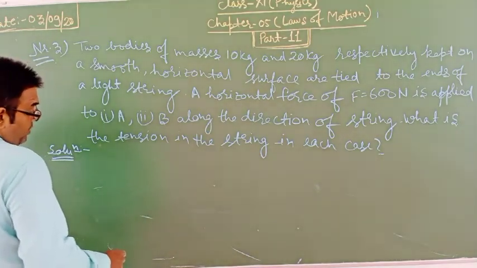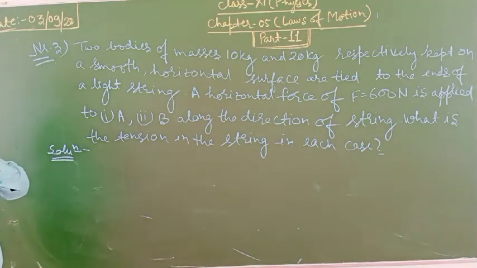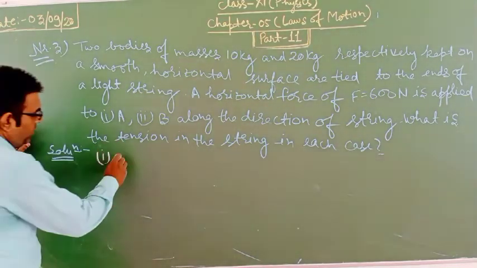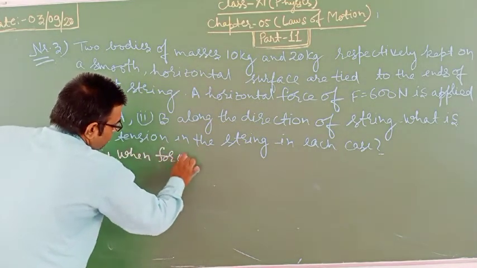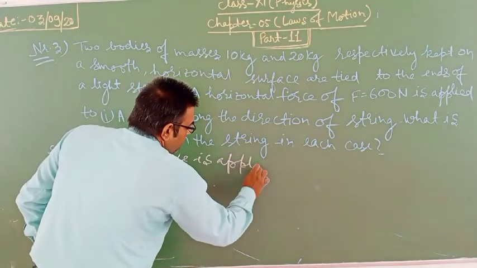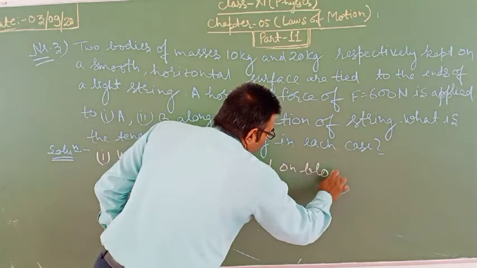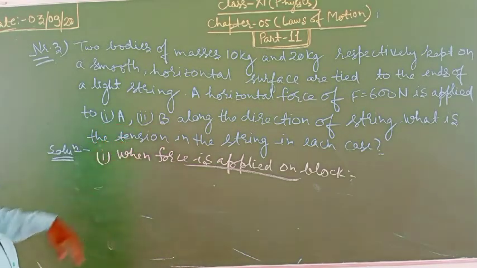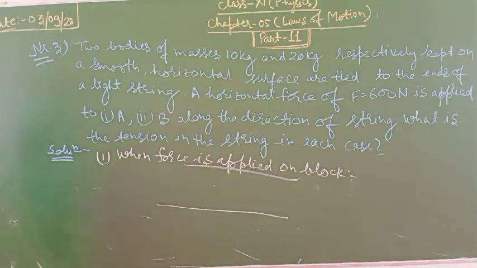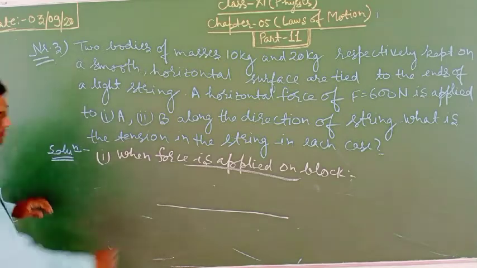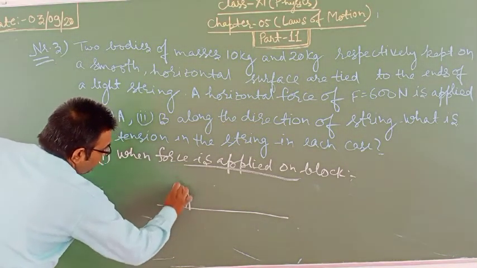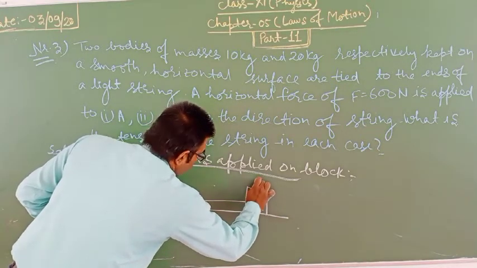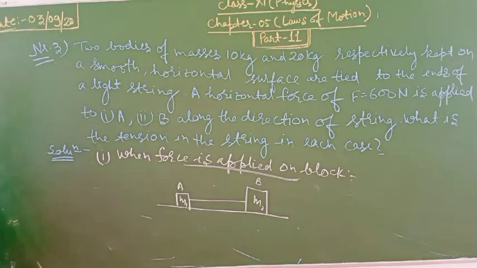So suppose we are drawing, yes students, this is the first case, when force is applied on block A. Suppose this is the smooth horizontal table, and on this table we have kept the mass M1, which we suppose as A, and it is tied with a mass M2, which we suppose as B, and a force is applied.